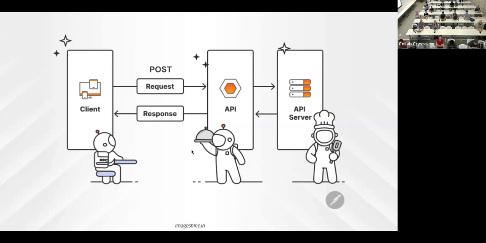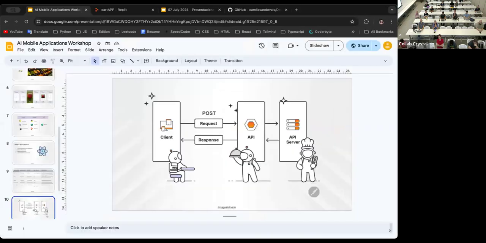When we get that response back from OpenAI, we get it back to our backend, and then we format it. Then, with that response formatted, we send it back to the front end, and that's how we get the result. So that's it for now.